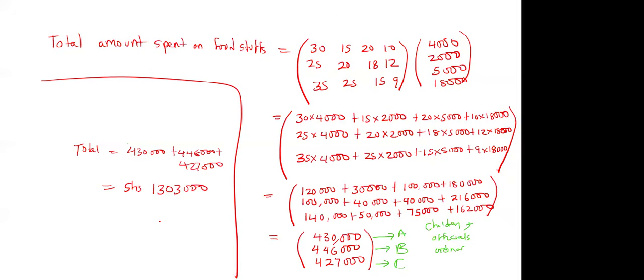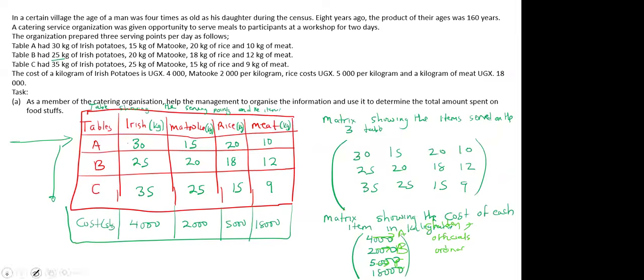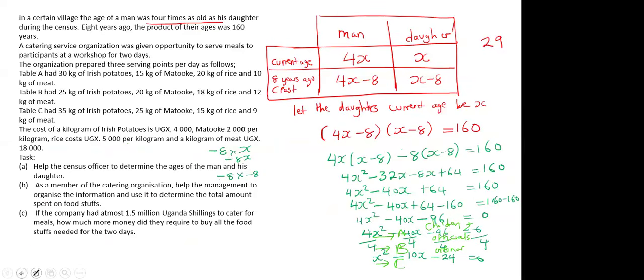Then in your conclusion, you say the total amount of money spent. Remember, the total amount of money spent per day is 13 million 30. That is 13,003,000. So you remember our question was per day. What we calculated was per day.